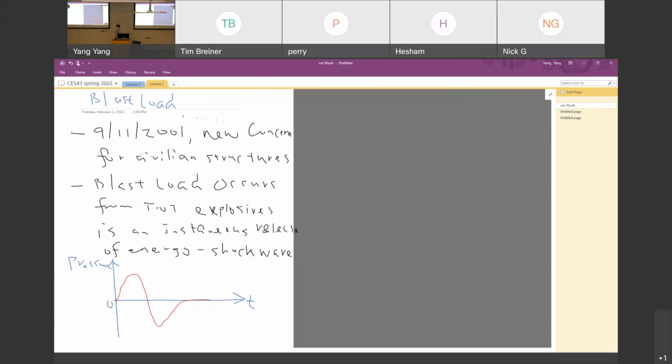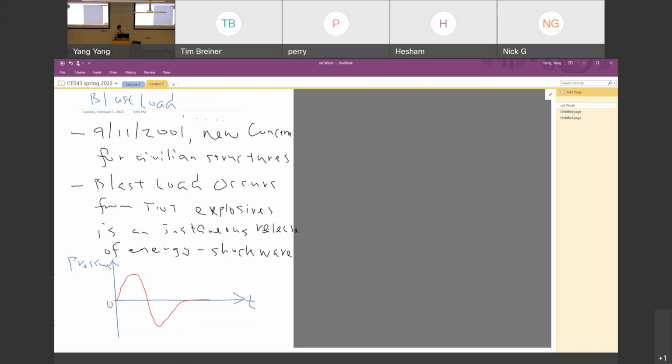So question for you is, what does positive pressure mean and what does negative pressure mean over here? Yes, Hunter? If we talk about positive pressure, that means the pressure is perpendicular to the surface of the building and pushes the building inside.